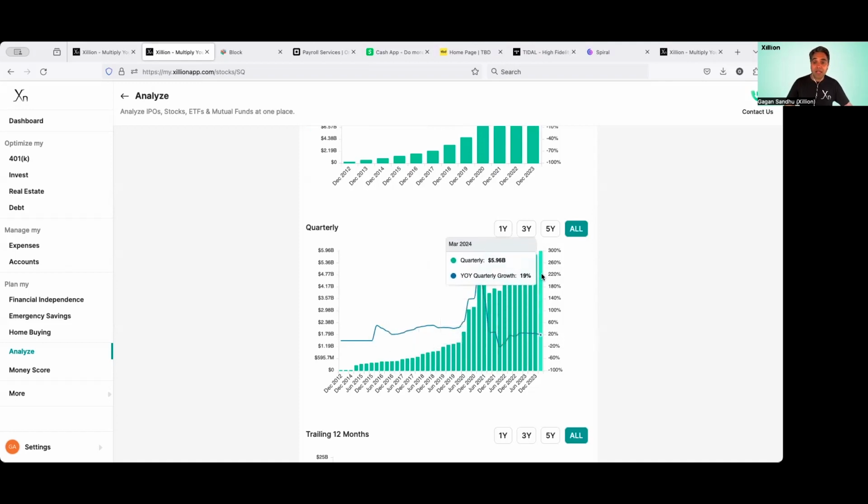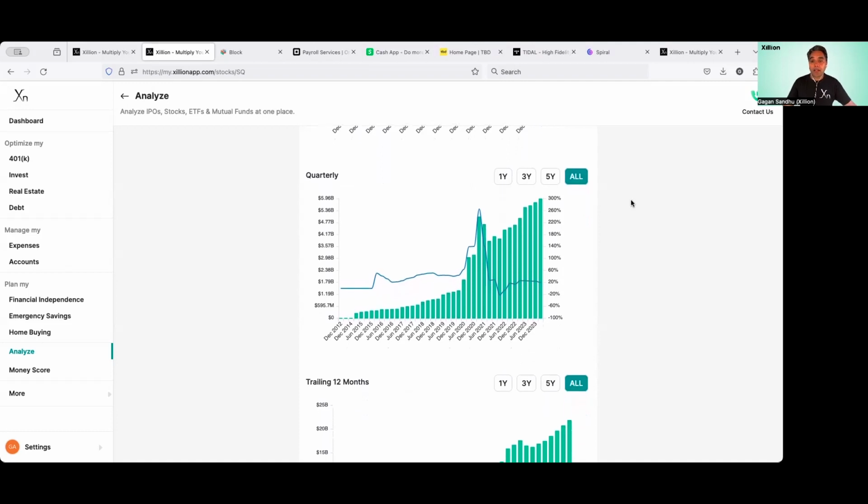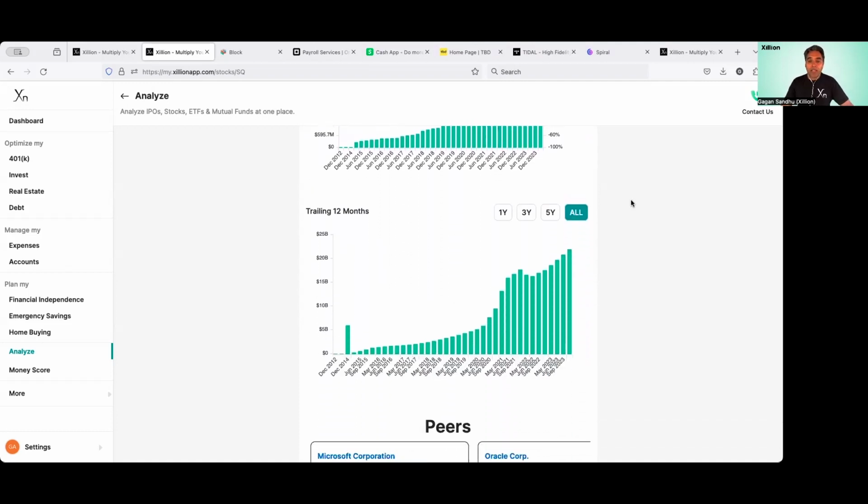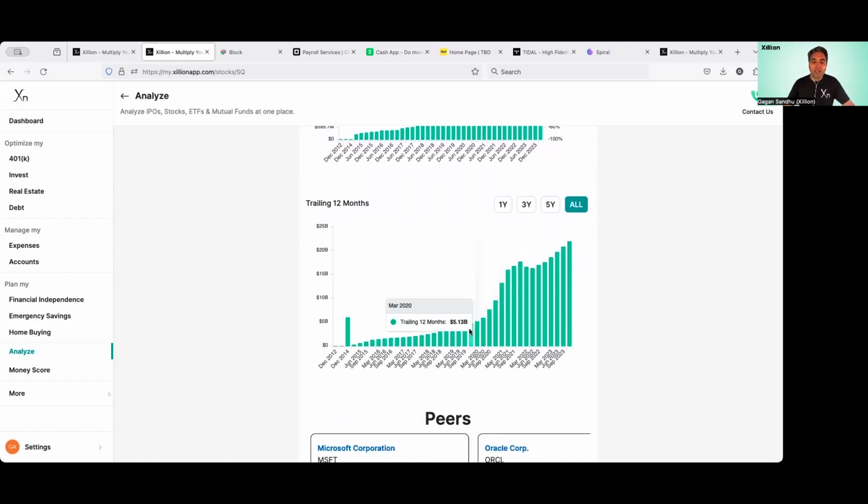But given that the quarterly revenue is already at $6 billion, so a quarterly revenue run rate of 25 to 30 billion, that's a pretty healthy clip to grow at, 20+%. Trailing 12 months is a very healthy way to look at a company. You can see there was some COVID-related thing, but overall, trailing 12 months, a consistent story of growth and execution.